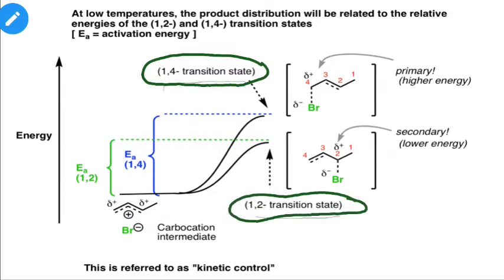So this particular thing is the transition state for the 1,4 product. It means the thermodynamic transition state. And I have told that the thermodynamic product will have a higher transition state, meaning higher energy, due to the primary carbocation.